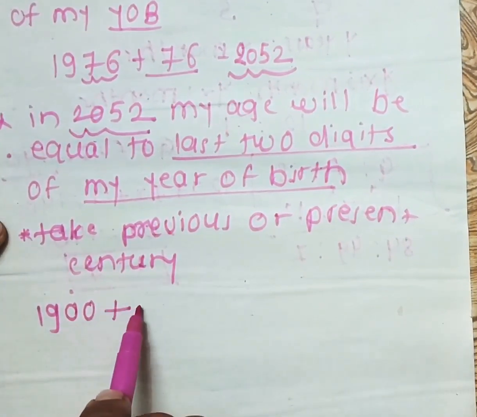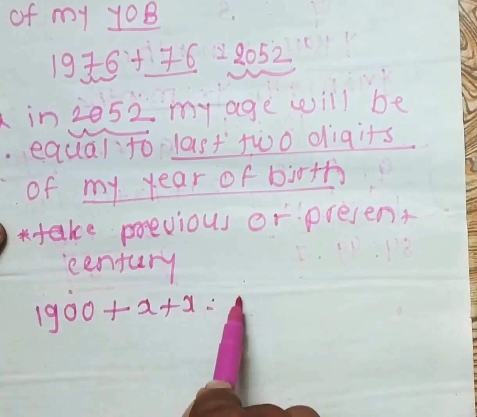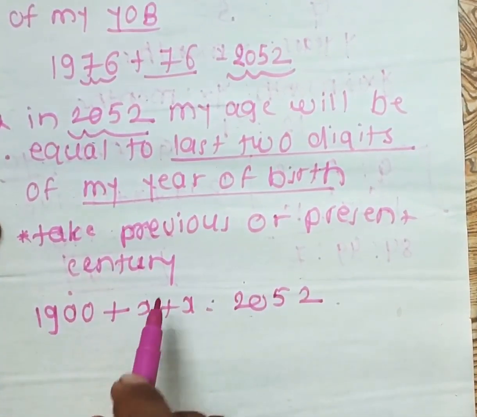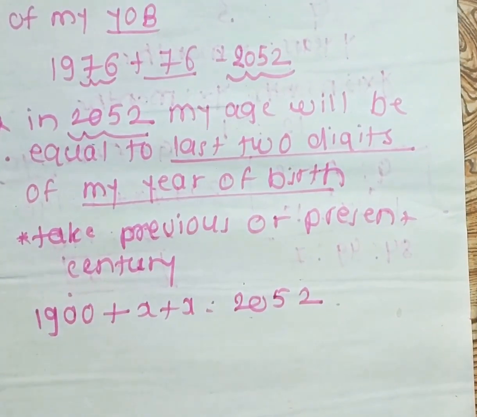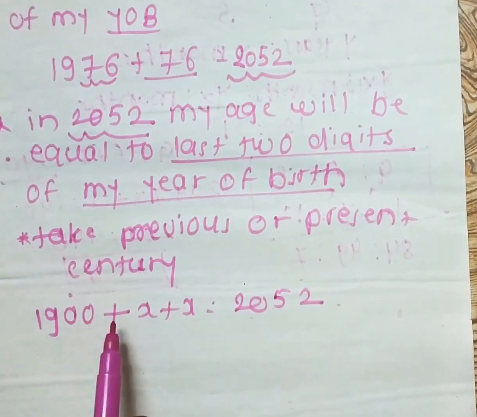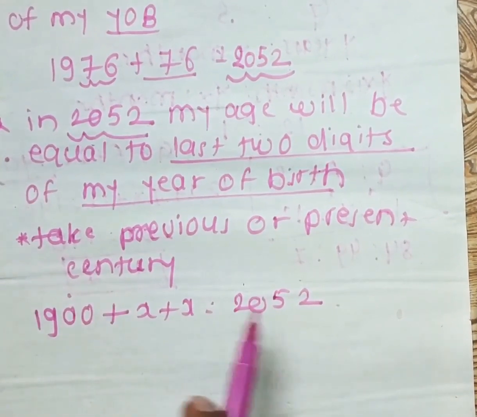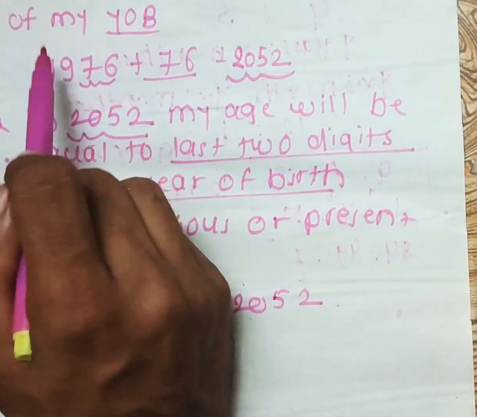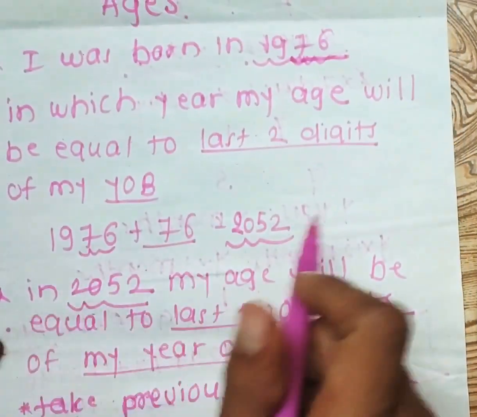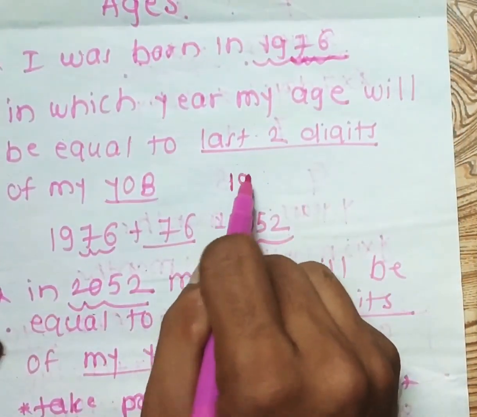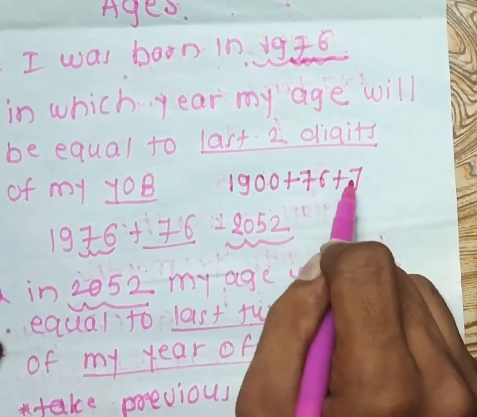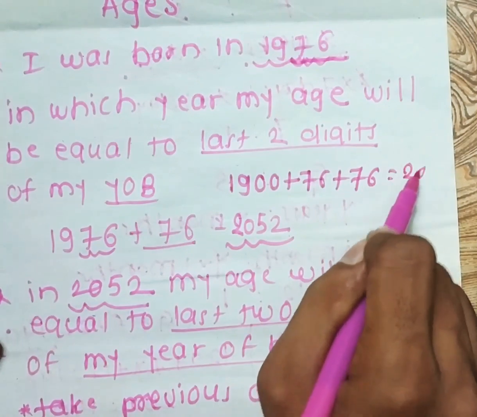Let's see, we just have to do 1900 plus x plus x is equal to 2052. I can write 1976 also as 1900 plus 76, so 1900 plus 76 plus 76 is equal to 2052.